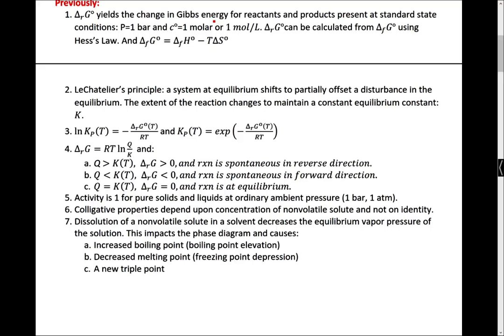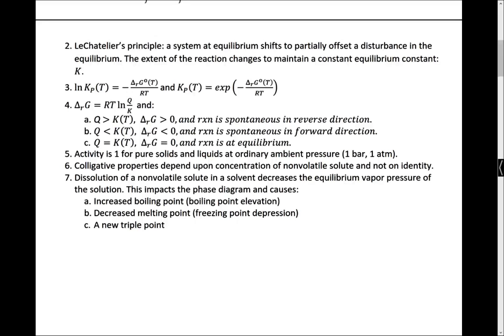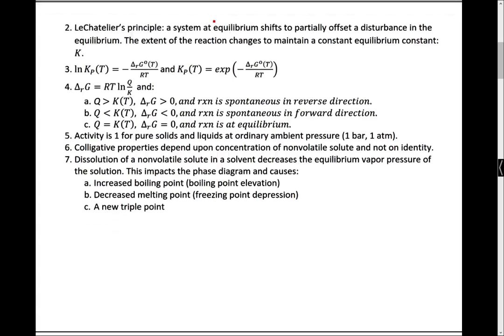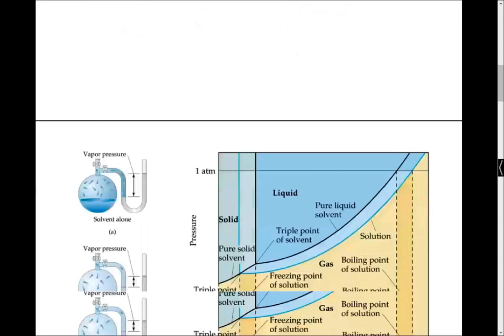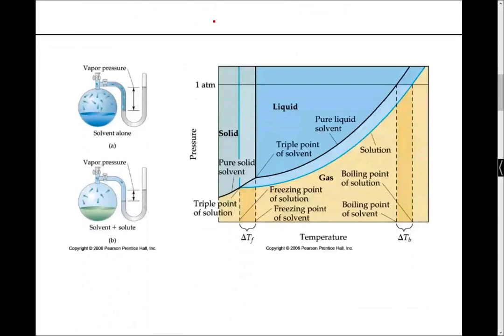And then we've pointed out that the primary impact of dissolving that component is decreasing the vapor pressure. And as we've said, if we decrease the vapor pressure, that leads to an increase in the boiling point. And then when we looked at the phase diagram, we saw that it also shifts the triple point and depresses the melting point. So this is the same information that we covered last time.